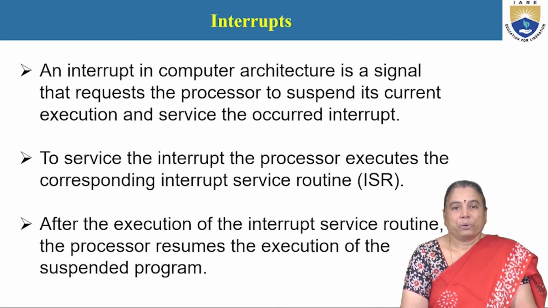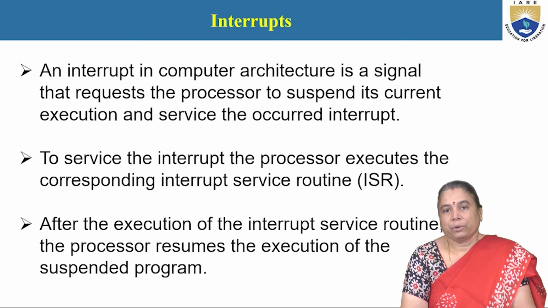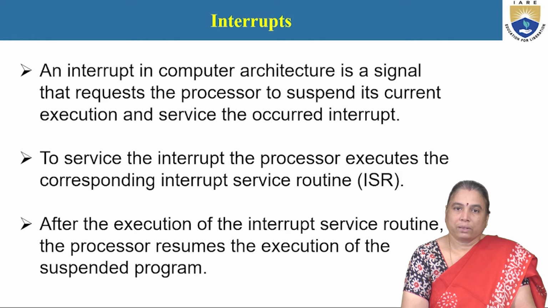Not only by using program control instructions, but also during the execution of interrupts, the program execution sequence can be altered. So what is an interrupt? An interrupt in the architecture is a signal that requests the processor to suspend its current program execution and service the occurred interrupt. To service the interrupt, the processor executes the corresponding interrupt service routine.